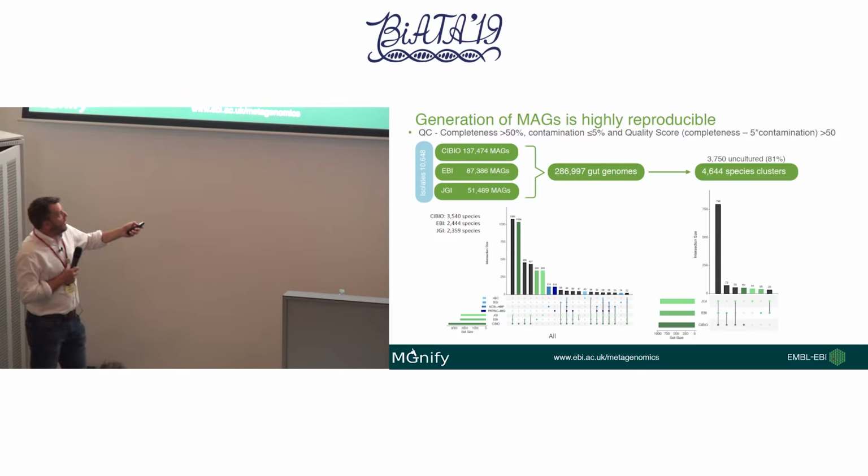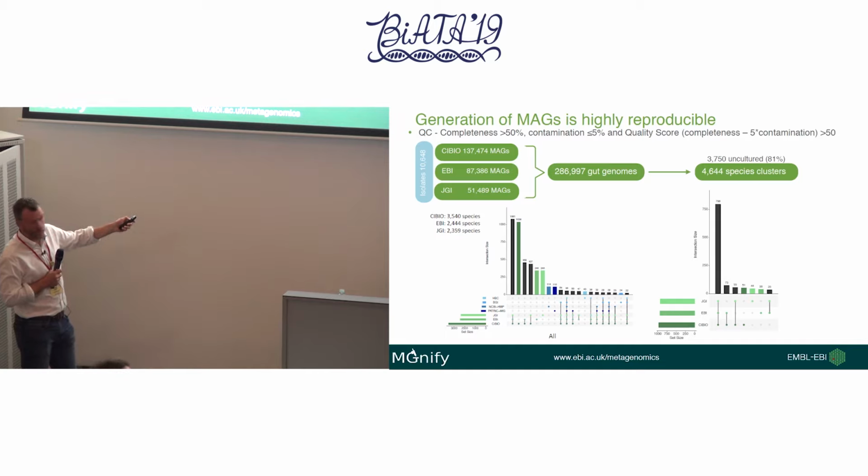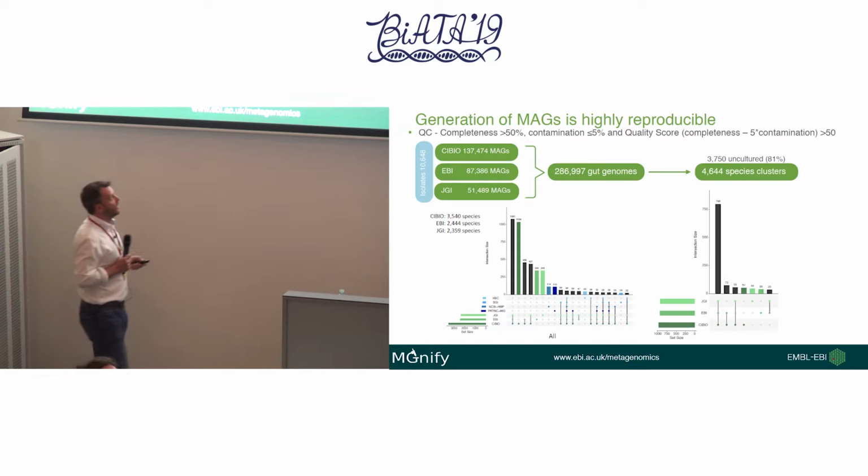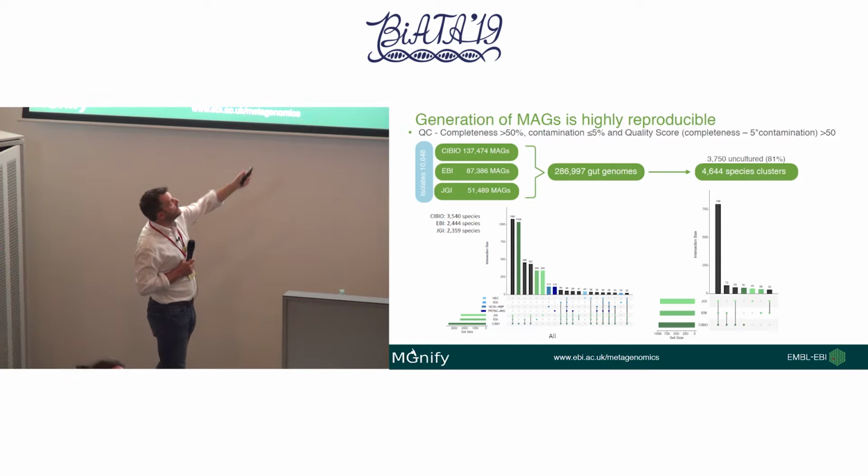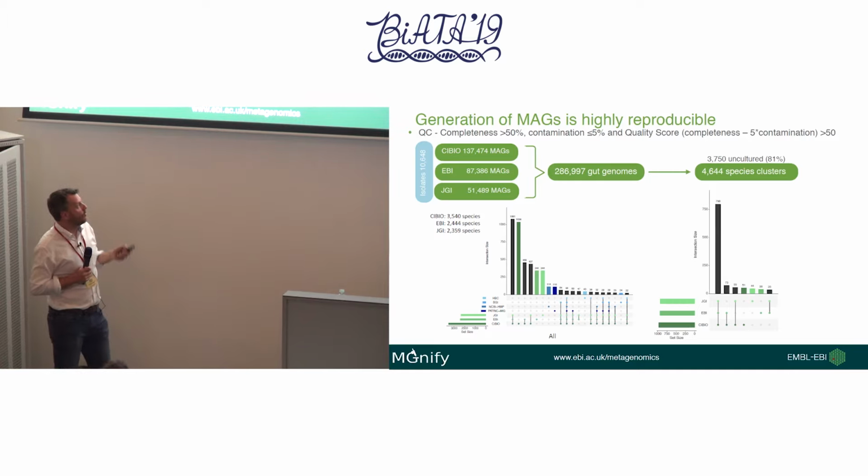If we just look at the MAGs from the samples that are in common, what you'll see is that across the three groups we've got a huge overlap. Here the vast majority, 798, were found across all three. Now JGI used MEGAHIT, and EBI and Sagata's group were both using metaSPAdes, and that's the next group that overlaps.